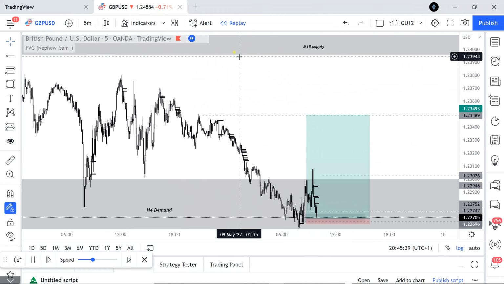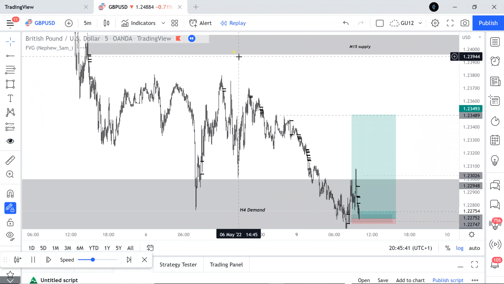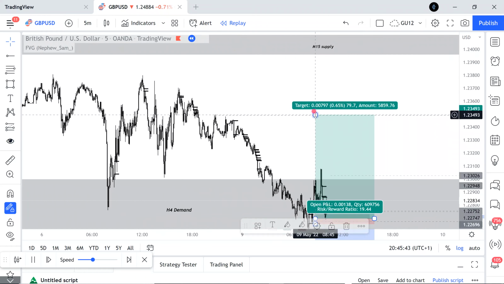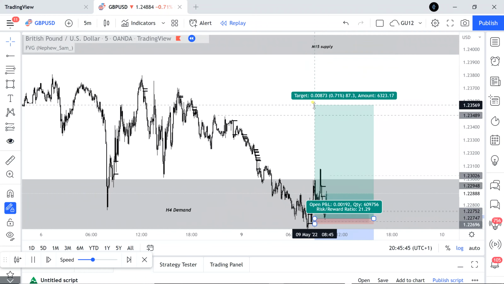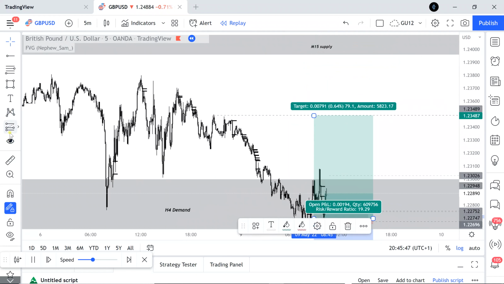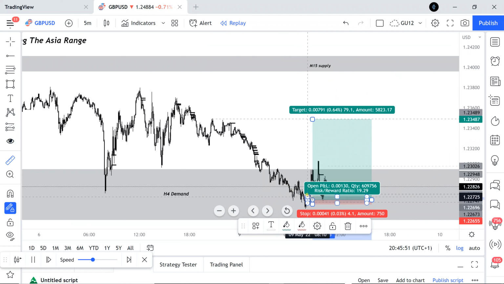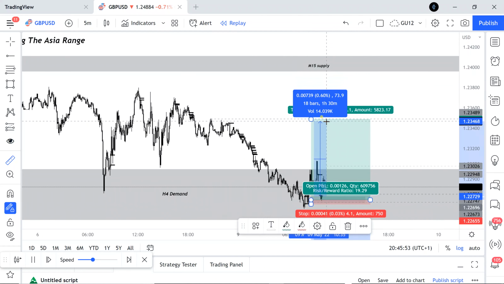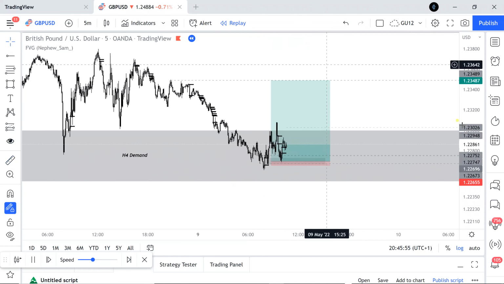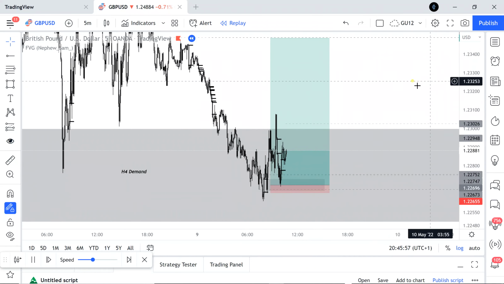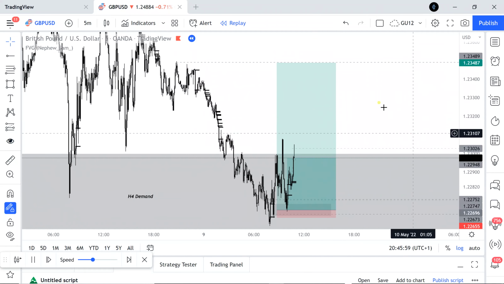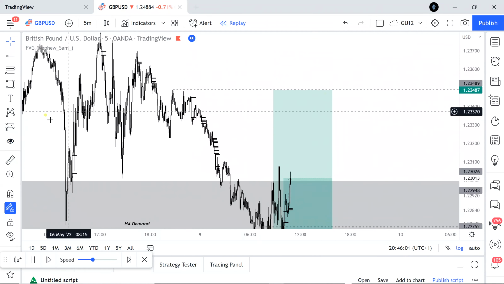If you want a really high octane trade, you could target the next M15 supply. Don't do this, because we're using a 3 pip stop loss typically, and this is a 70 pip trade, so don't be greedy here, just target the Asia high.